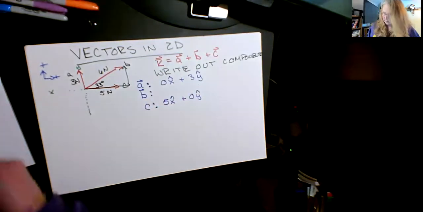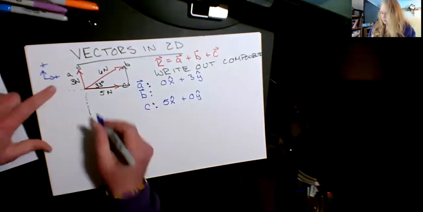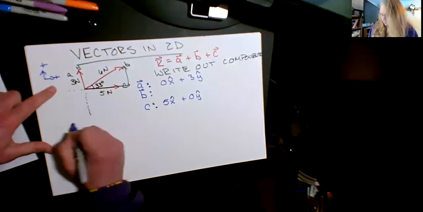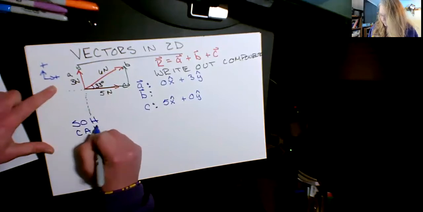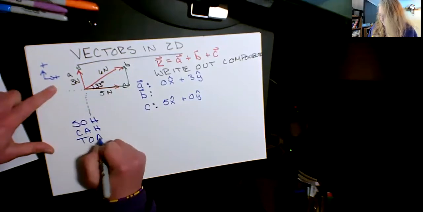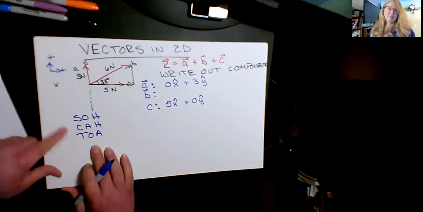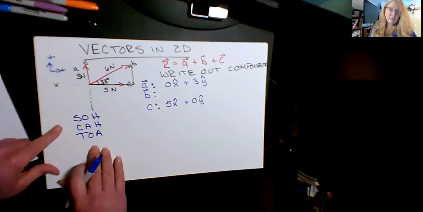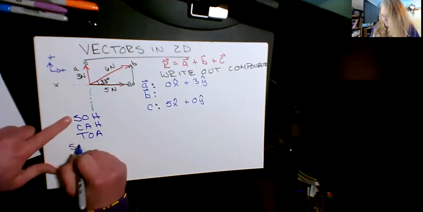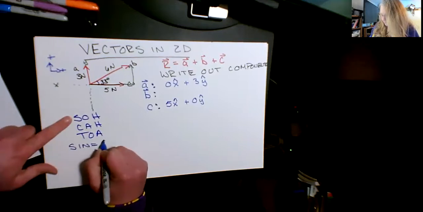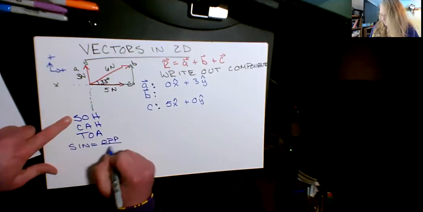So I look at this, let's remind ourselves of some trig. Here is the angle. So we have some memory tricks over here. You just write those down so you can remember what they're referring to. So this says that sine of an angle equals opposite over hypotenuse.